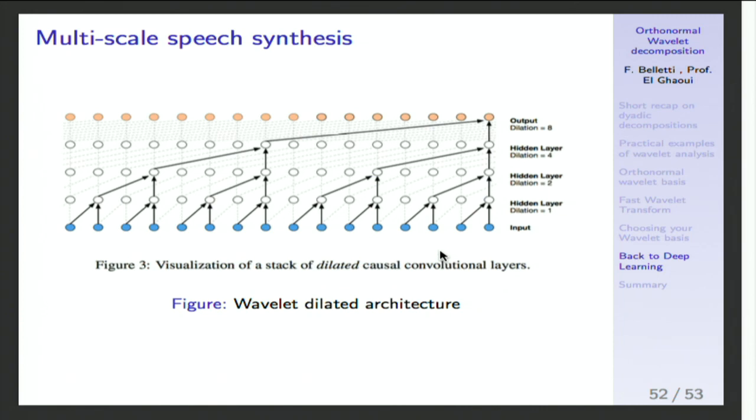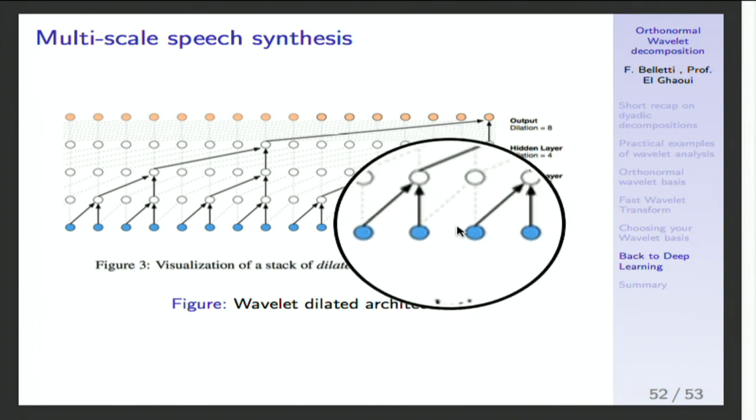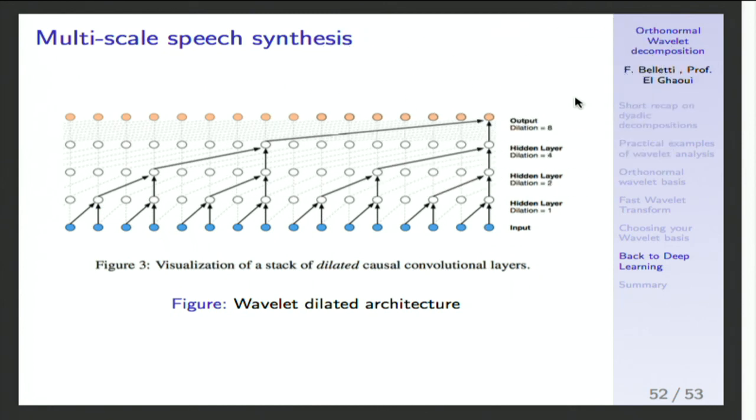Incidentally, these dilated convolutions were also instrumental in speech synthesis. It's a bit paradoxical because typically when wavelets were used to process speech, which is what John Benedetto has done, a very famous researcher who built one of the first pipelines that was a great speech interpreter based on wavelet theory, you have the speech on the side of the input and then the text on the side of the output.